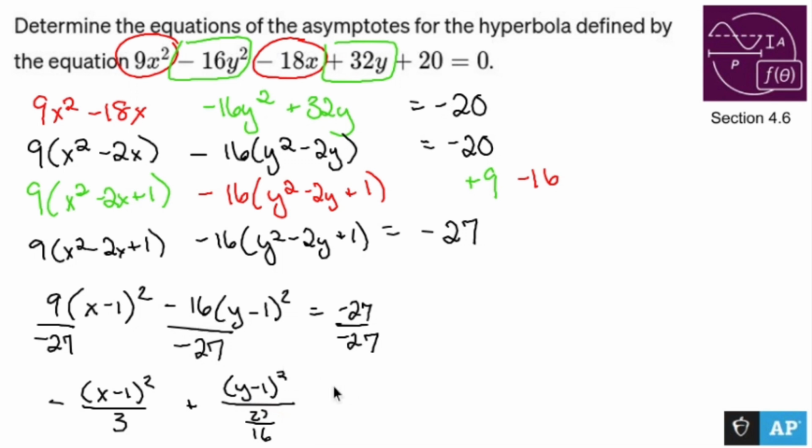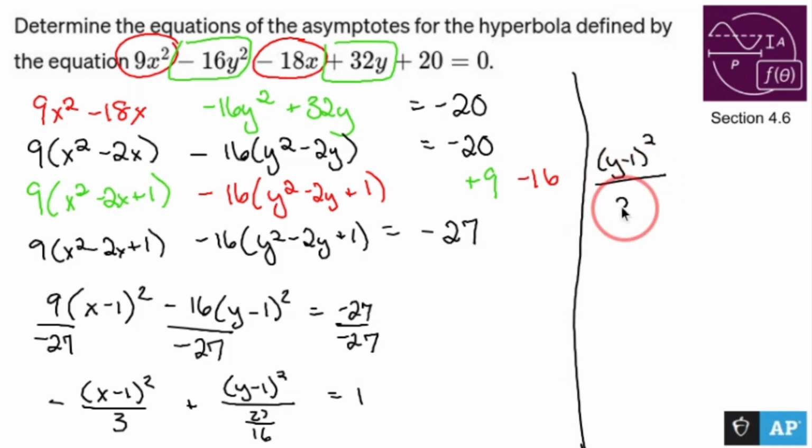Yes, it does. And now it equals 1. So rewriting it now that I have a negative here and a positive here, I now have a hyperbola in the form y minus 1 squared over 27 over 16 minus x minus 1 squared over 3 equals 1.